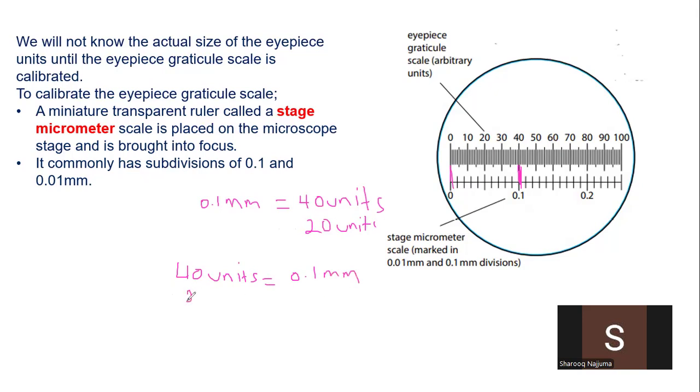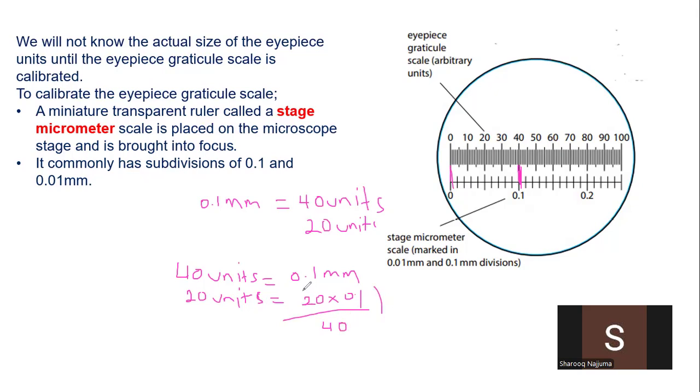How about the 20 units that I measured? Here I'm trying to turn units into millimeters. So the 20 units are going to be equivalent to 20 times 0.1 divided by 40.